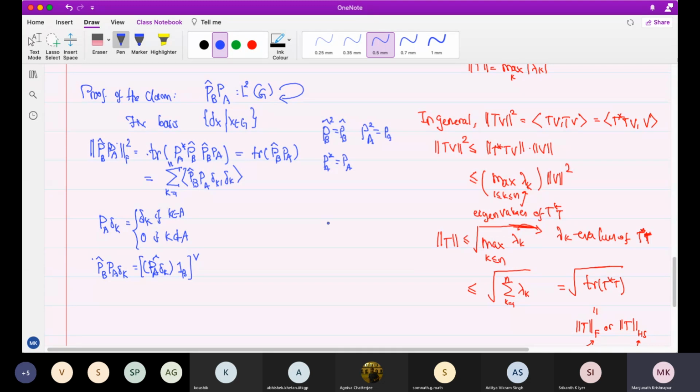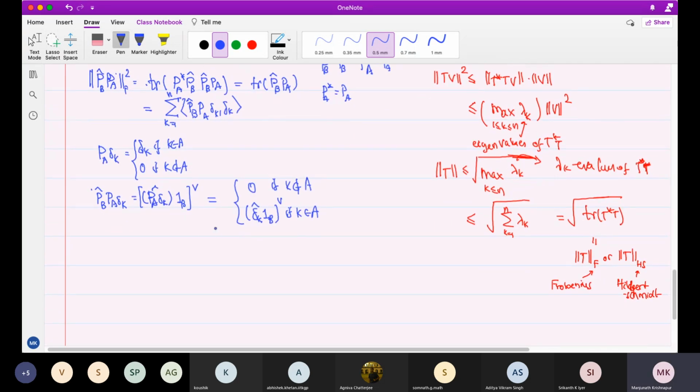Right, yeah, it is this. So P_A delta K is 0 if K is not in A, and if K is in A, then it is delta K hat times the indicator of B, check, if K is in A. I don't know if I'm conveying much here.